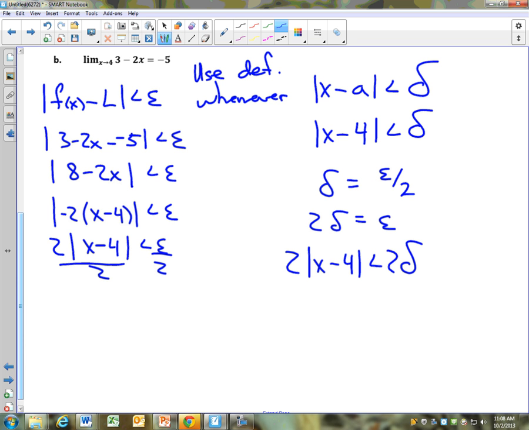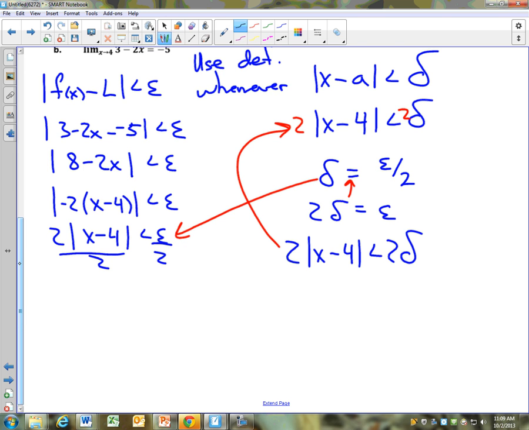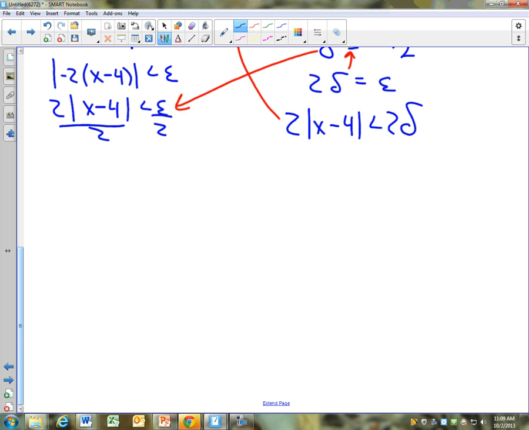For the last one, if I have a 2 delta, then I'll multiply everything through by 2 to give me another statement that I can use. So the first statement came from right here, the second statement came from right here, and the third statement comes from multiplying through by 2. And so I'm going to use those.